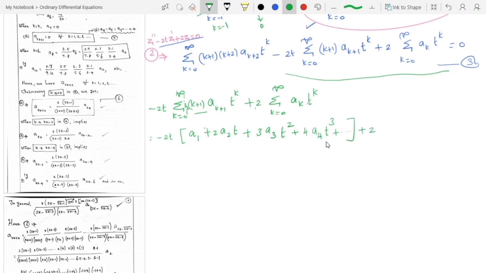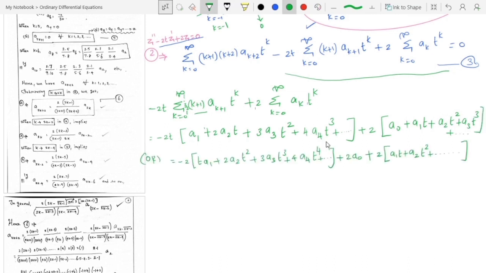Plus 2 times the expanding summation, k starts from 0, a0, a0 t power 0, plus k equal to 1, a1 t, plus a2 t square plus a3 t cube plus and so on. Or we can write equivalently as minus 2 multiplying each and every term by t inside: a1 t, 2a2 t into t square, 3a3 t power 3 plus and so on.